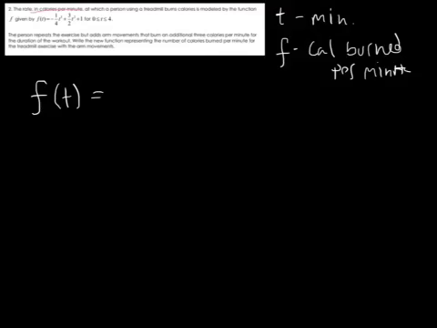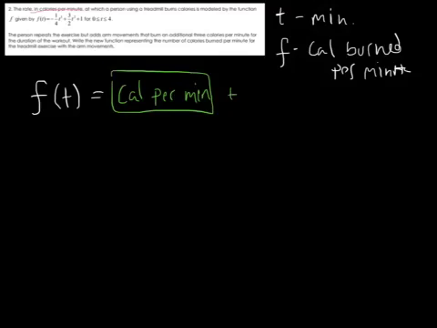Well, there's two components. The first component is the calories per minute without the arm movements. So we'll use green to denote that. That's the calories per minute without arm movements. Plus, I'll use a different color here, the calories per minute from the arm movements exclusively.